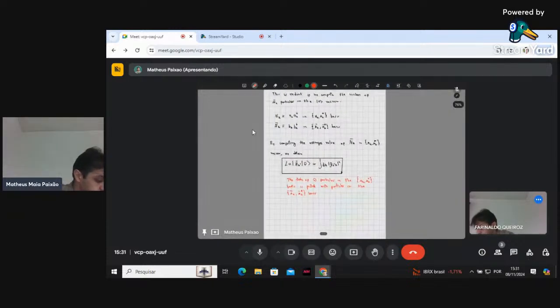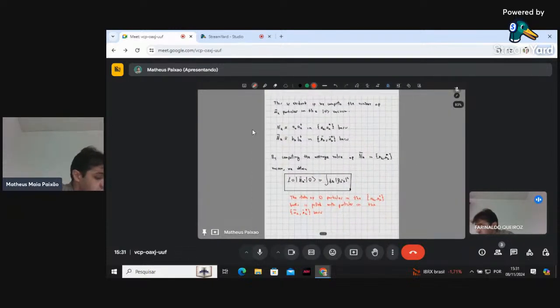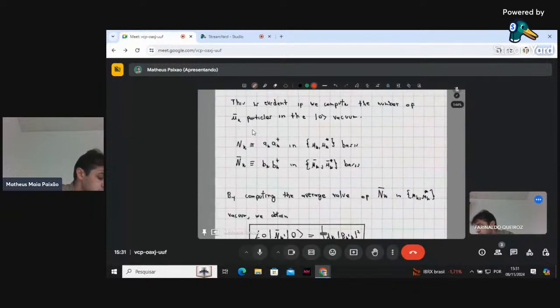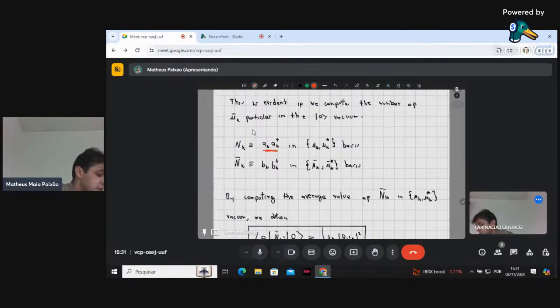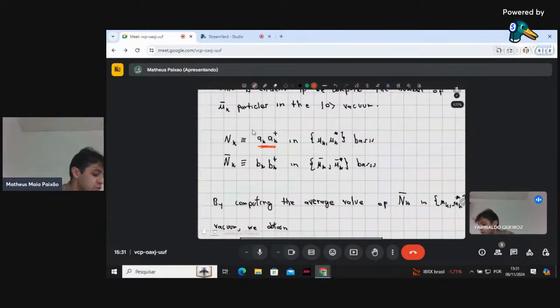And this is more explicit if we write down our number operator. So I can define this number operator, which accounts for the number of particles in my system, and it's defined as this product here. Since I have two bases, I have two definitions of the number operator.